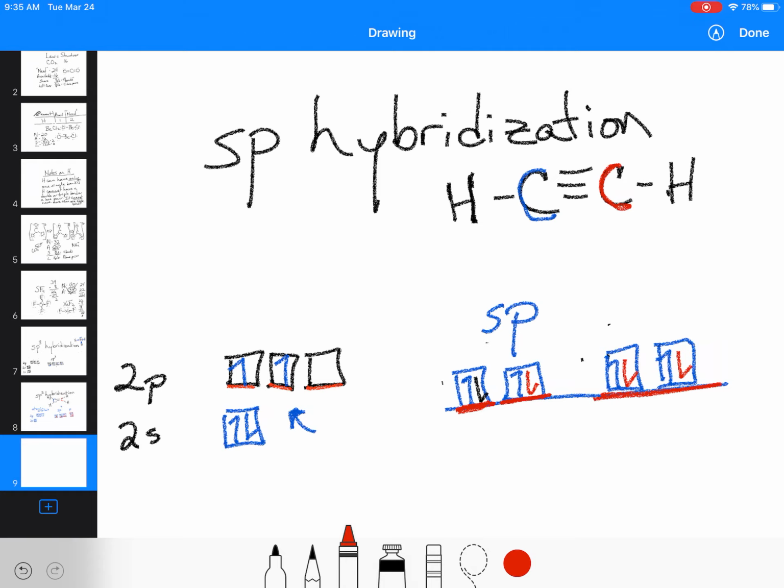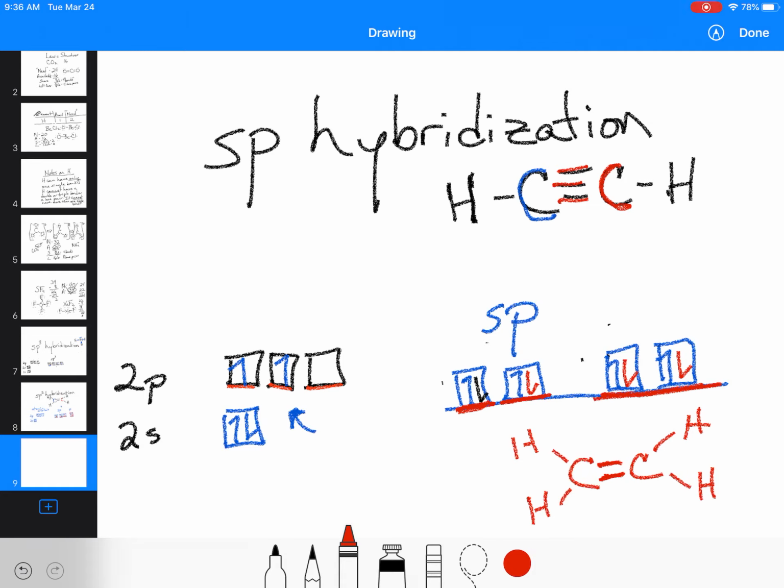In the last video, for ethylene, C double bond C with the 4 H's, we had one leftover p that formed the double bond. Here we have two leftover p's. That's why we end up with a triple bond.